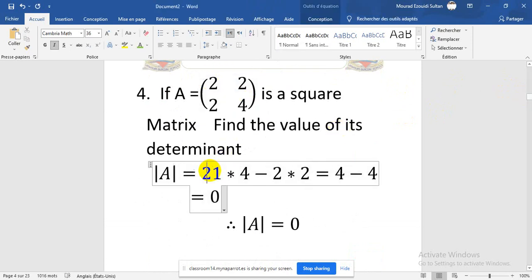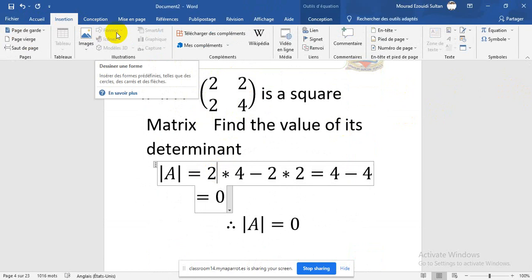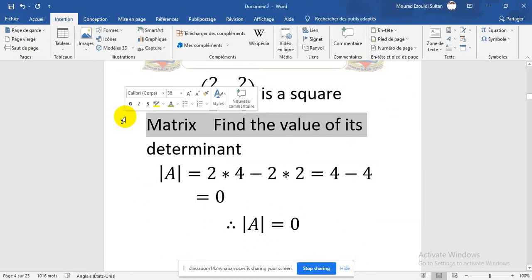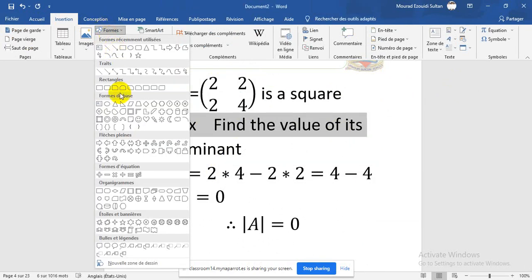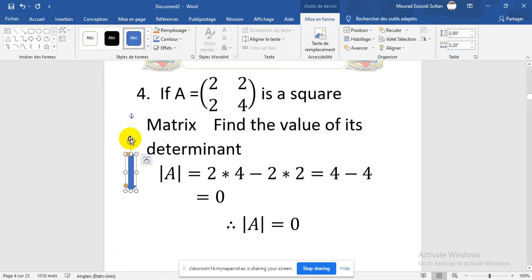So the determinant is 2 multiplied by 4, minus 2 multiplied by 2.